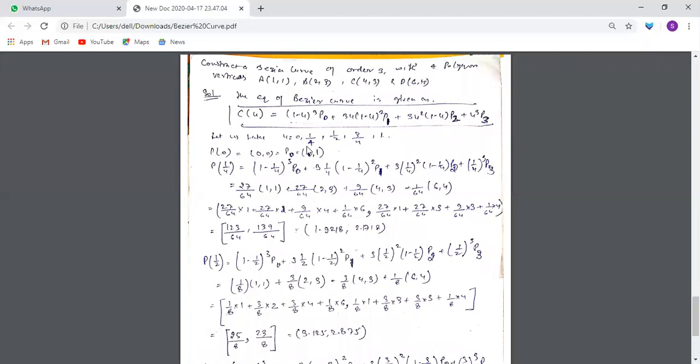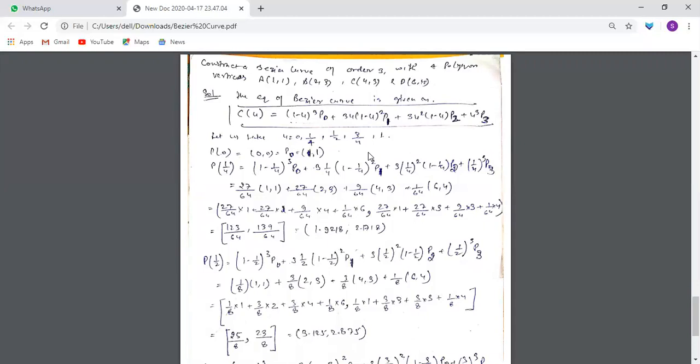We have taken 5 different values for u: 0, 1 by 4, 1 by 2, 3 by 4 and 1. u has to be between 0 and 1. So we have started from the minimum limit, that is 0, and we will calculate till the maximum limit, that is 1. And in between we have selected three different instances: 1 upon 4, 1 upon 2 and 3 upon 4.